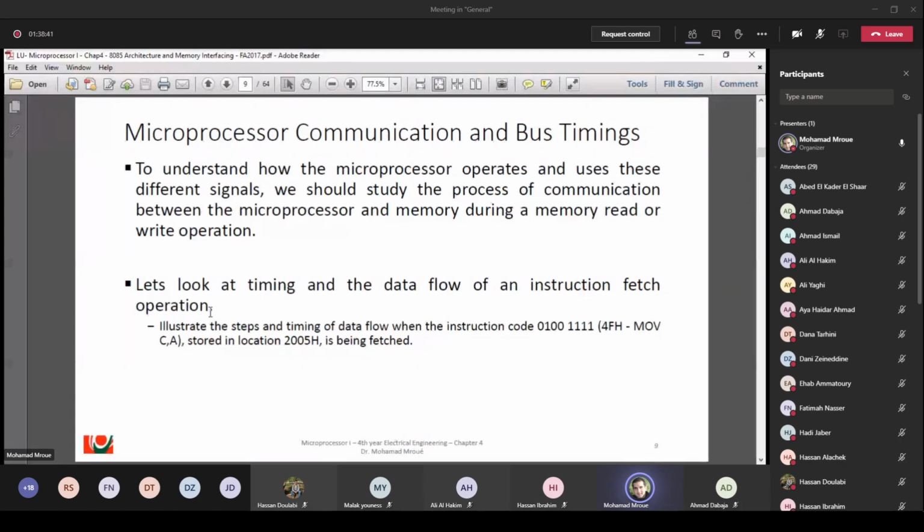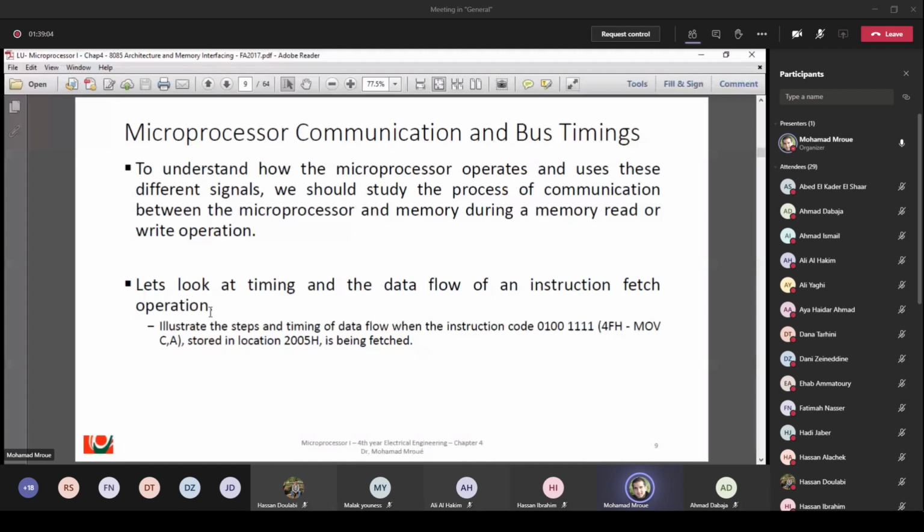Let's look at timing and the data flow of an instruction fetch operation. Illustrate the steps and timing of data flow when the instruction code is 0100 1111, which is equivalent to move C,A stored, let's say, in location 2005 and it's being fetched.